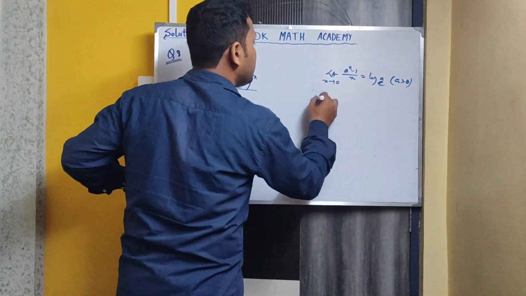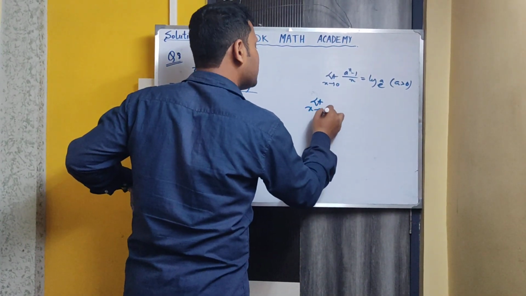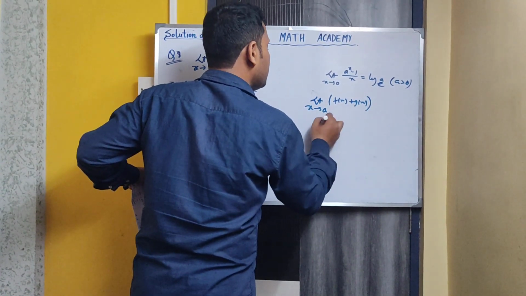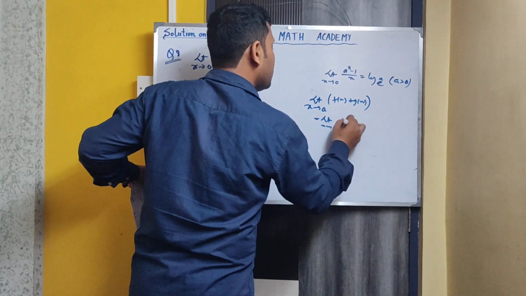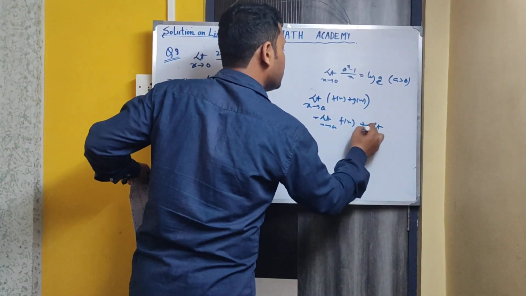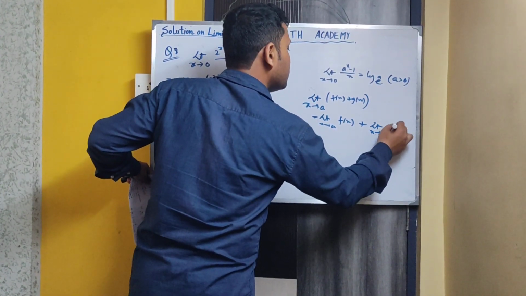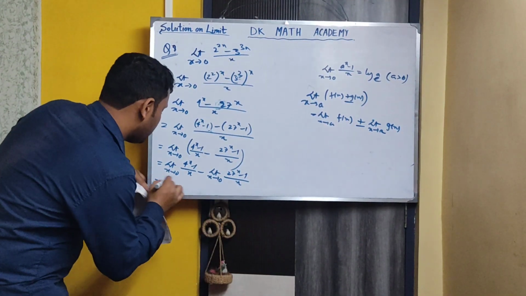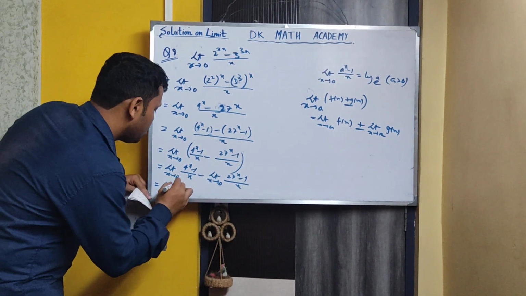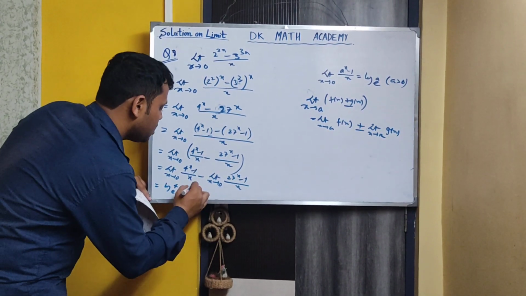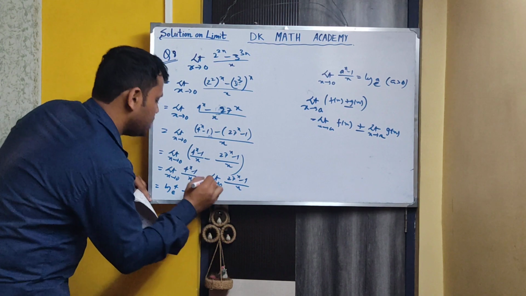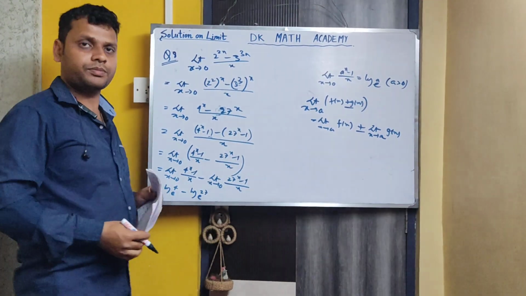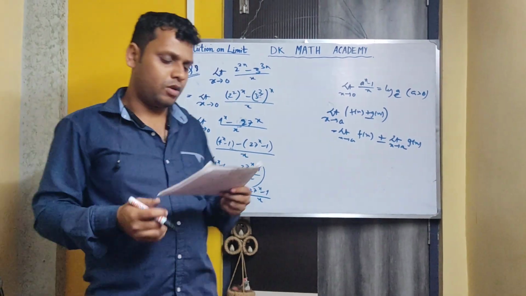Because we know that limit x tends to a of f(x) plus g(x) equals limit x tends to a of f(x) plus limit x tends to a of g(x). This is also applicable for minus. So this becomes log 4 to the base e, and this becomes log 27 to the base e. So this is the value of this limit. Okay, we will go to the next problem.